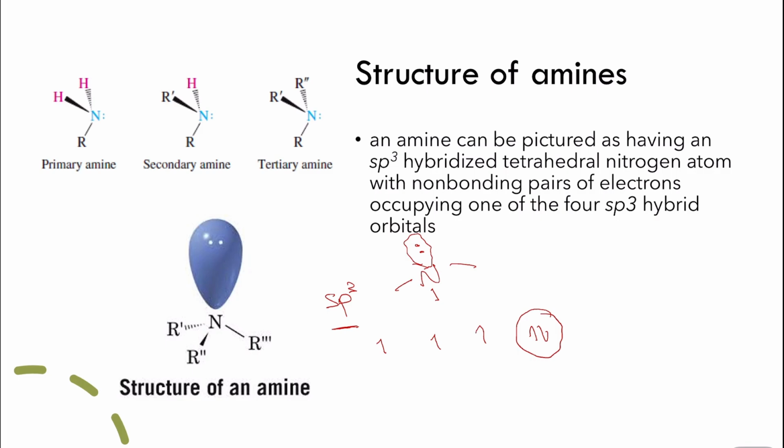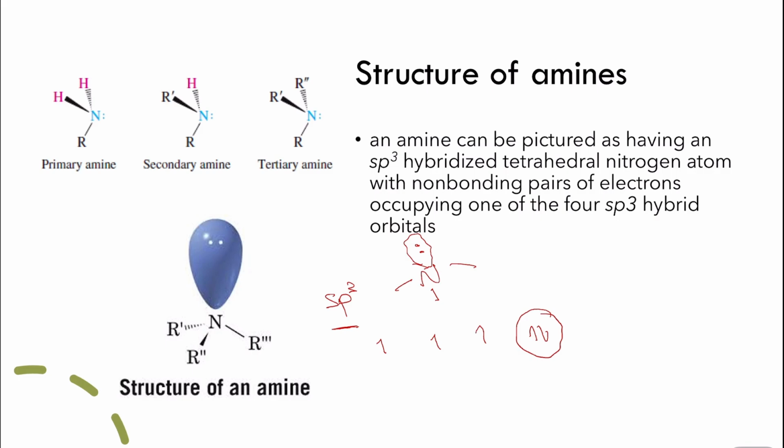So now, as we talked about, amines can be primary amines, secondary amines, and tertiary amines. The classification of primary, secondary, and tertiary amines does not depend on the carbon attached to the nitrogen, but on how many alkyl groups or how many hydrogens are attached to the nitrogen.